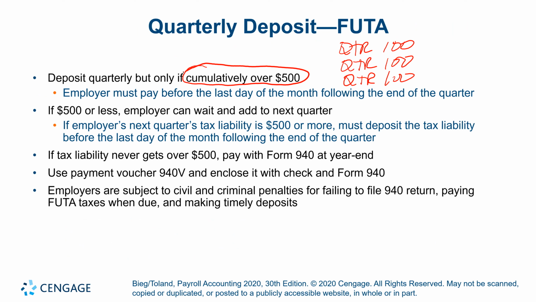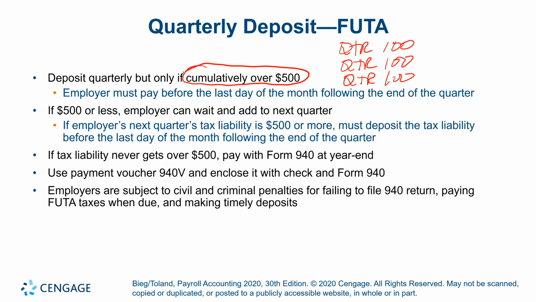Employer must pay before the last day of the month following the end of the quarter. If $500 or less, employer can wait and add to next quarter. If employer's next quarter tax liability is $500 or more, they must deposit the tax liability before the last day of the month following the end of the quarter.